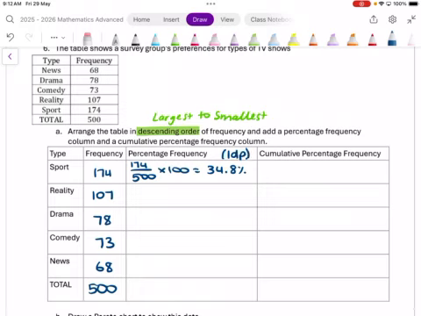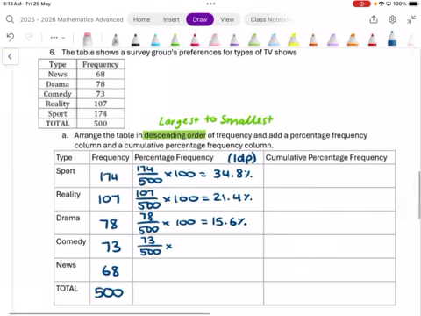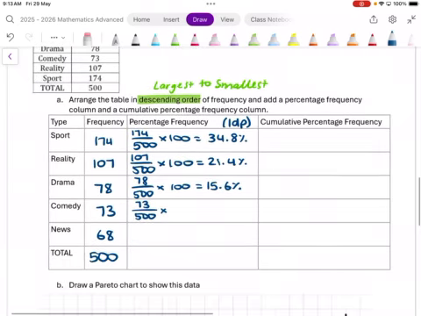We'll then have reality is 107 over 500 times by 100. We get 21.4%. Drama is 78 over 500 times by 100, and we get 15.6%. We have comedy is 73 over 500 times by 100.